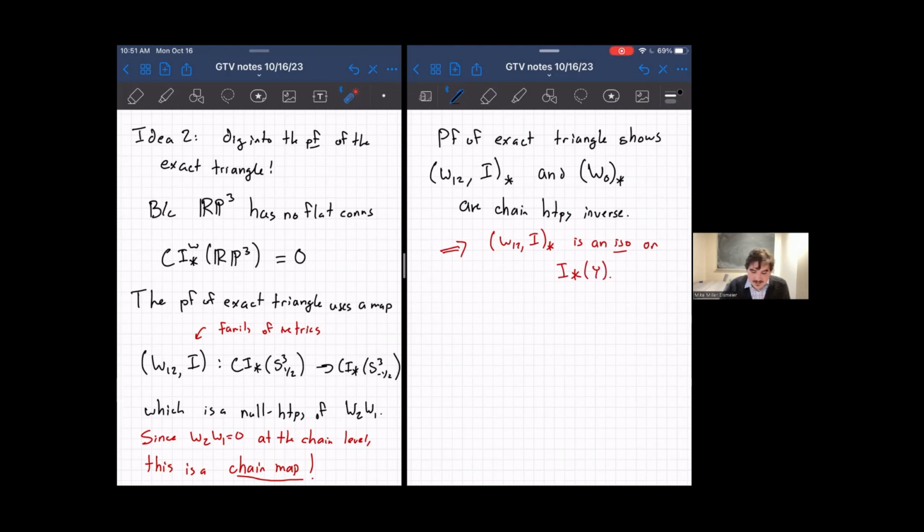It's simply connected, and it's negative definite. There's some subtleties here. Well, there's this family of metrics, and there's this non-trivial bundle you have to pay attention to.